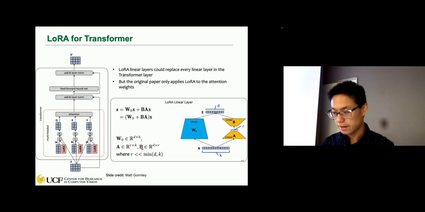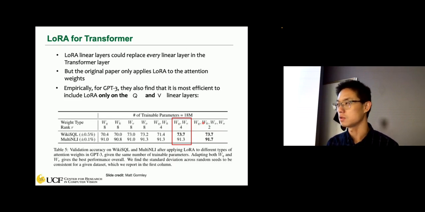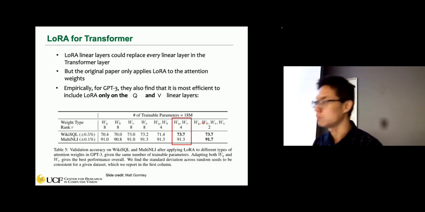If I have a fixed amount of tunable parameters and apply LoRA to different weight matrices, then you have to reduce the tunable parameters of each LoRA layer. The way to reduce that is by controlling the rank: reduce the dimension of those B and A matrices, resulting in fewer tunable parameters.